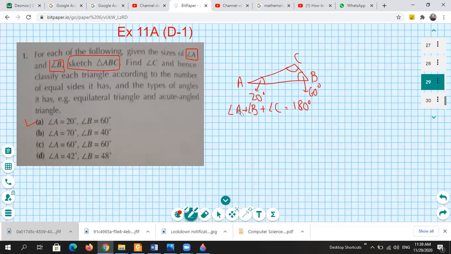So inserting the values of angle A and B, this is 20 degrees, angle B is 60 degrees, angle C is unknown, so I'm writing it as it is. So 20 plus 60 gives you 80.